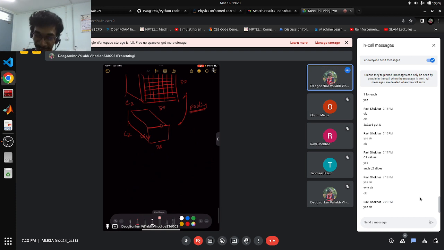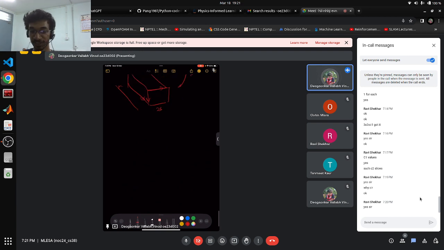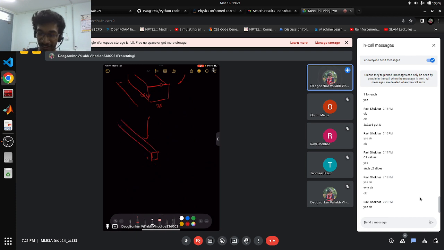But if you keep on increasing the depth, you keep on doing this procedure until there comes a time when you have only a 1 cross 1 and n number of features. Are you getting this?